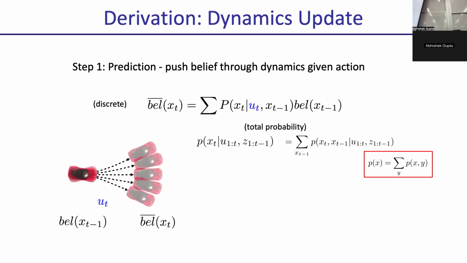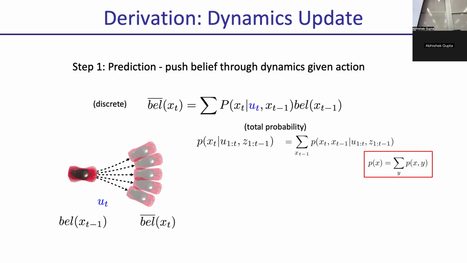Ask questions if it doesn't. Doesn't it change the probability? No, because you're summing out over it. The important thing is, if you look at P of x, you can say that P of x is equal to the sum over y of P of x comma y. So what I've done here is I've introduced xt minus 1. I've taken the joint distribution and then summed out over the extra variable that I introduced.